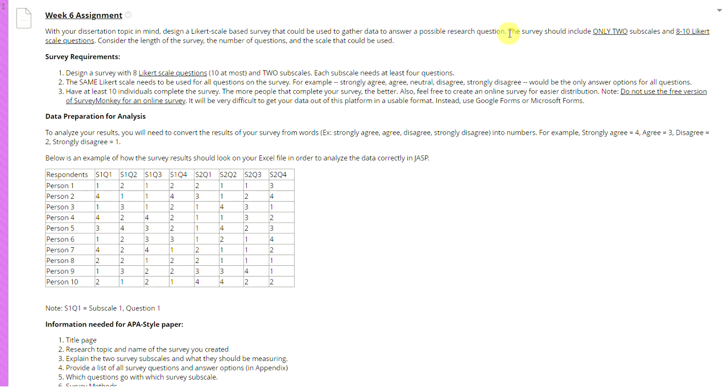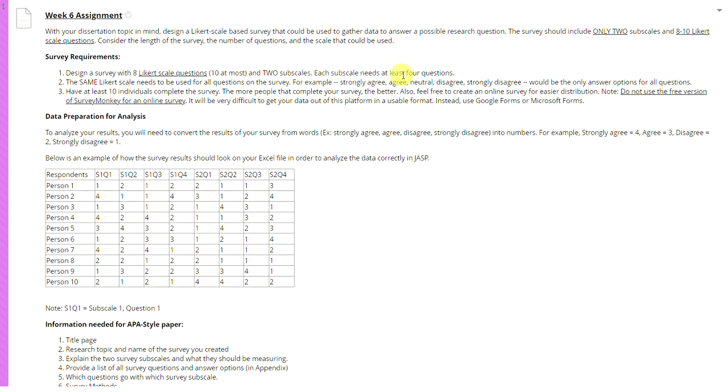But just as a reminder, the survey should only include 2 subscales and 8 to 10 Likert scale questions. So really important, only 2 subscales, only 8 to 10 questions, and those questions have to be Likert scale questions. So specifically, design a survey with 8 Likert scale questions, 10 at most, and 2 subscales.